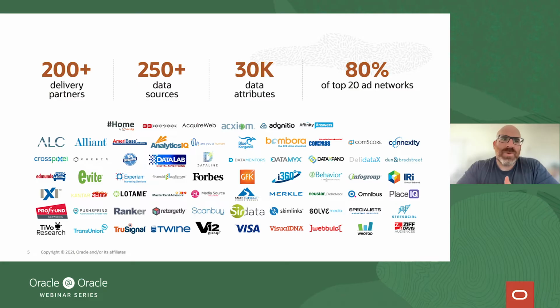So we have over 200 plus delivery partners, 250 plus data sources, and these data sources are both offline and online data sources. And we break this data up into almost 30,000 different data attributes, and we're used by 80% of the top ad networks in the world. So what we're talking about here is the backbone of the ad tech industry across the internet.